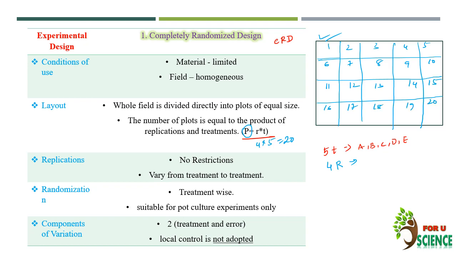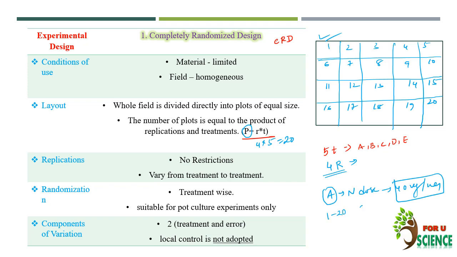Now, in case of randomization, we choose positions randomly. Suppose treatment A is a nitrogen dose of 40 kg per hectare. We are allocating treatment A in 4 positions, for the replications, so you have to choose 4 numbers between 1 and 20.